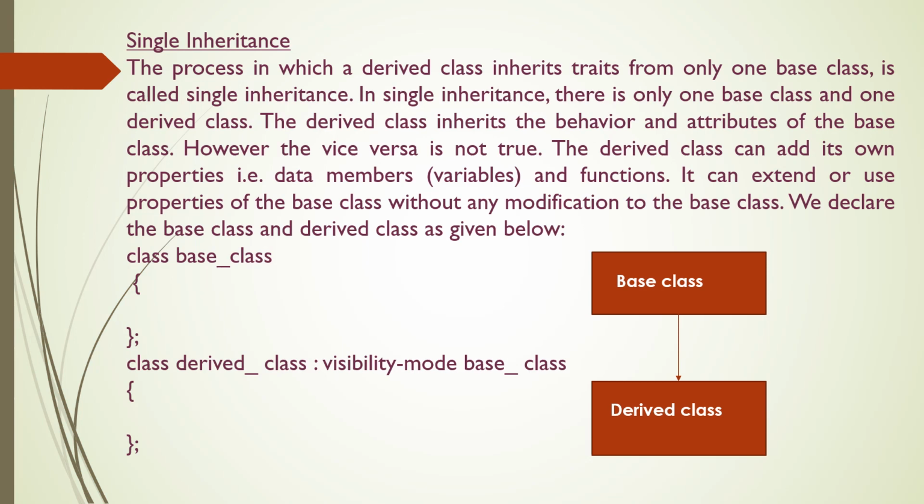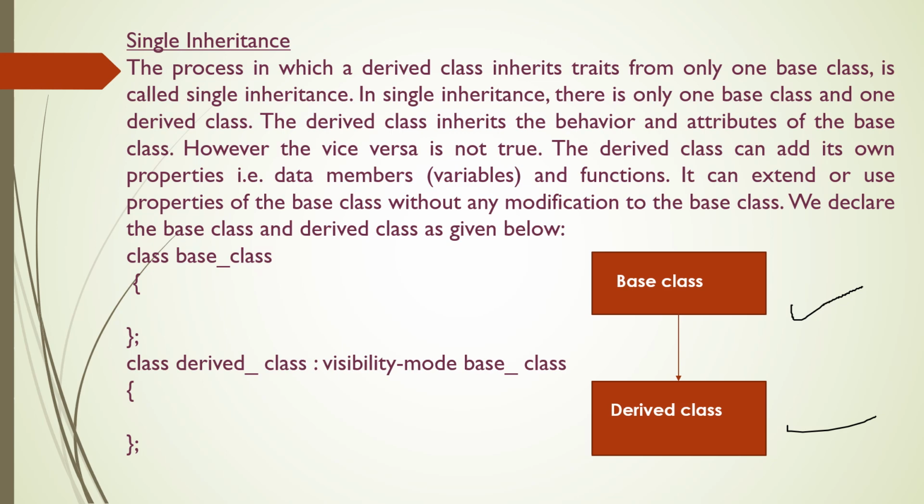Single inheritance. In the concept of single inheritance, the derived class can inherit the properties of the base class, but the base class cannot inherit the properties of the derived class. The main thing we have to remember is there will be one base class and one derived class.